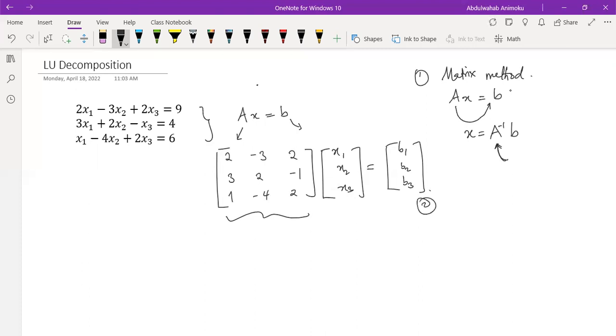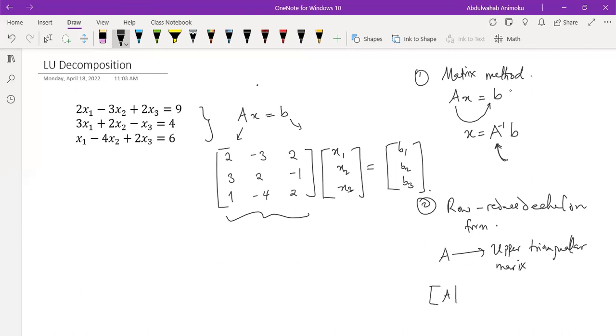The second method is the row reduced echelon form. Basically, you reduce this to an upper triangular matrix, and whatever you have at the end of this, you can use it to compute your X. So you reduce this to some matrix U, B star, and from here you can compute your X. We're going to see an example using this method in this video series.